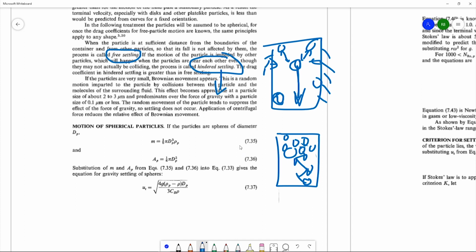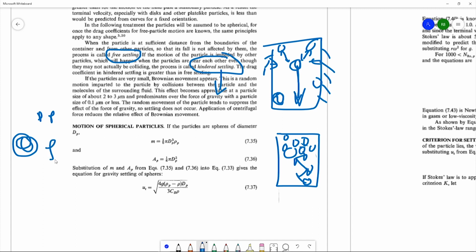Okay. Now we already derived the general form of the terminal velocity for any particle, right, under gravitational field and the centrifugal field. Now assume that the particle is spherical, right, of some diameter dp. So you can calculate the mass, right?